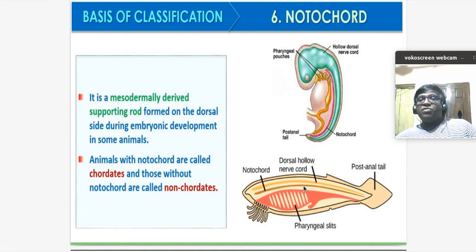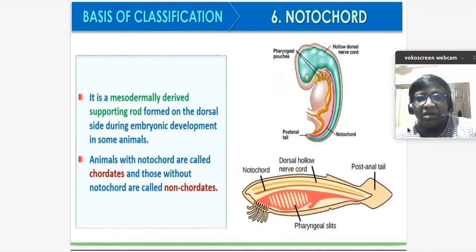The examples for non-chordates are from phylum Porifera to phylum Echinodermata. All of them are non-chordates. They don't have notochord. In case of adults, in human beings, I'm talking about mammalia, the notochord is replaced by the vertebral column. So remember about chordates.